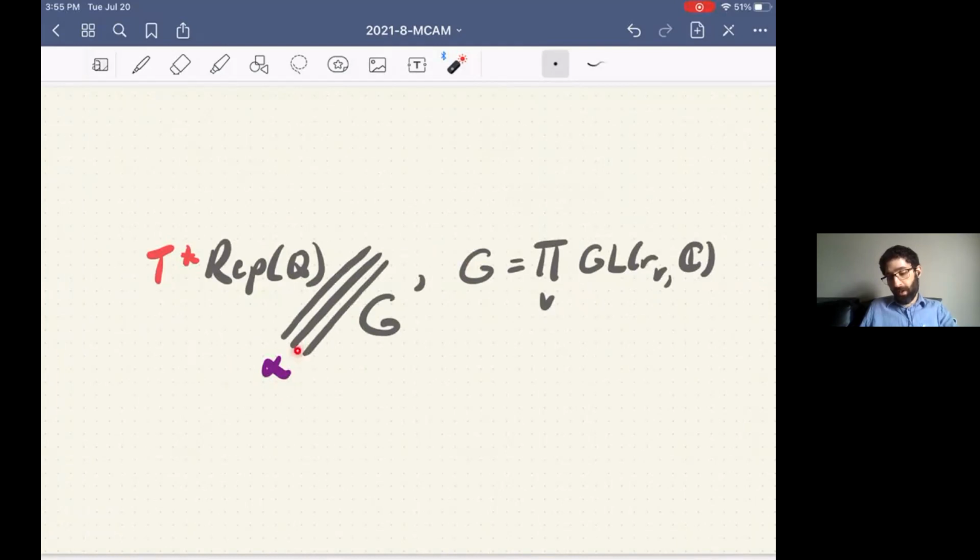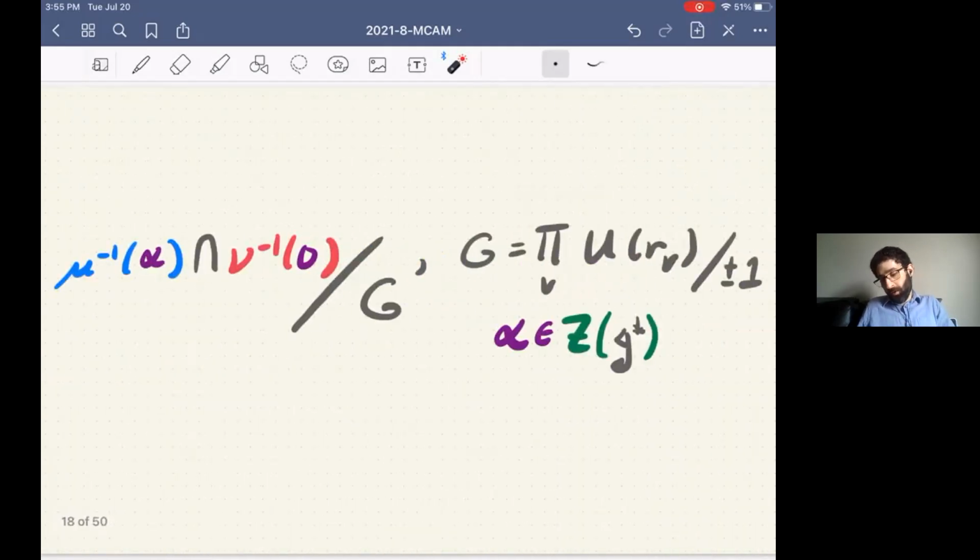What I'm going to do is what we call hyperkähler reduction. I'm going to choose my stability parameter alpha to be in the center of the Lie algebra of the group. Okay? And I'm going to take an intersection of level sets. I'm going to take the level set of the real moment map at alpha, and then the 0 level set of the complex moment map, take this intersection and mod out by the group.